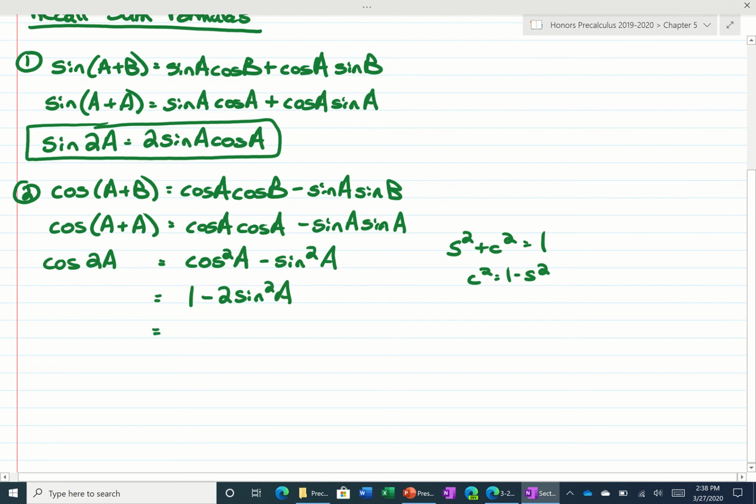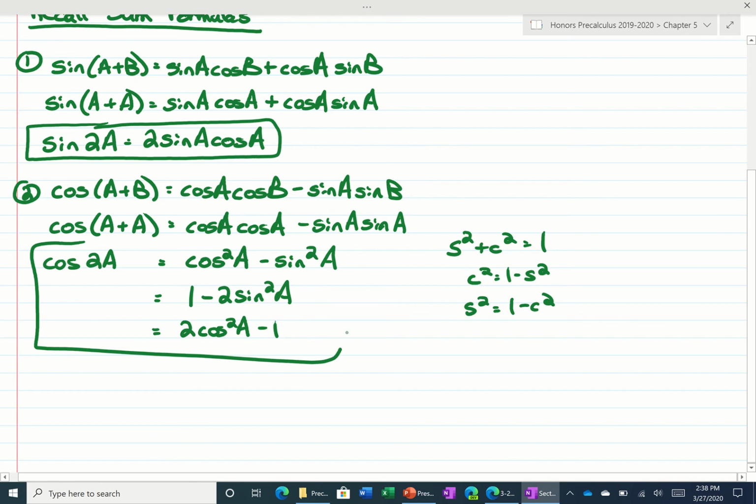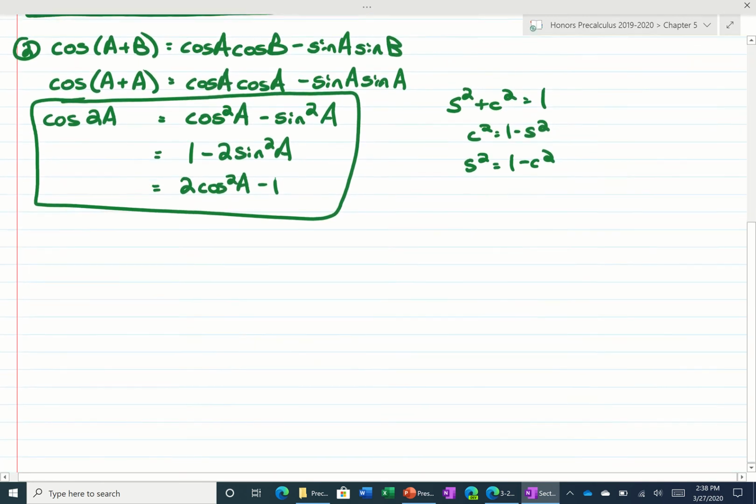And if we use the Pythagorean identity to substitute in for the sine squared, this would be 2 cosine squared of a minus 1. Again, all three of those are on your formula sheet from last week that I gave you.